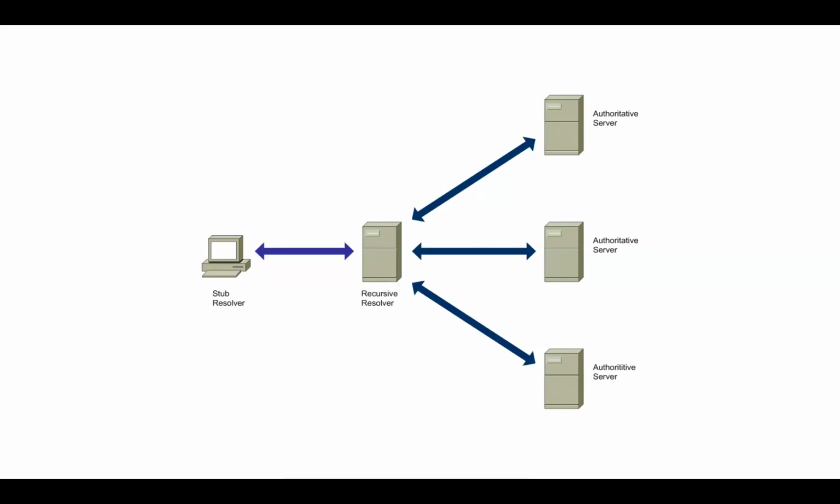The resolver is on your local machine. So we have resolvers on your local machine, we have the one from the network operators, and then we have the one from the authoritative servers.